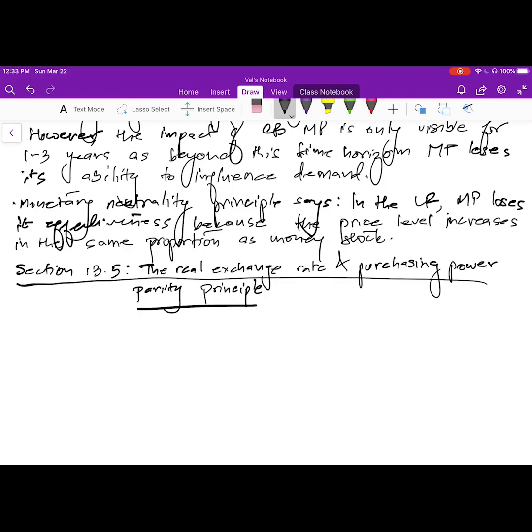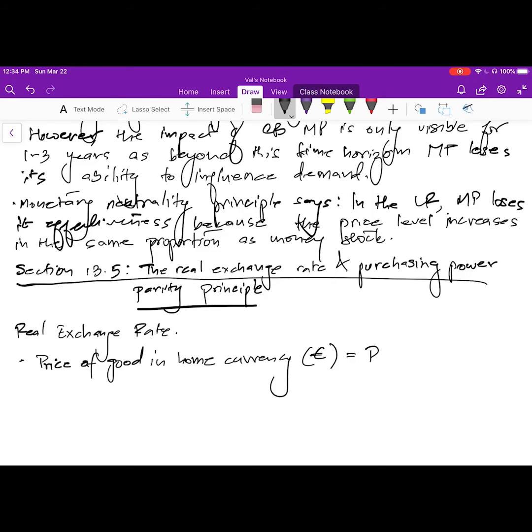Okay, so let's say the price of goods in home currency, which, since we are studying the European Union, is euro, is equal to P. So the price of goods in home currency is P euros.